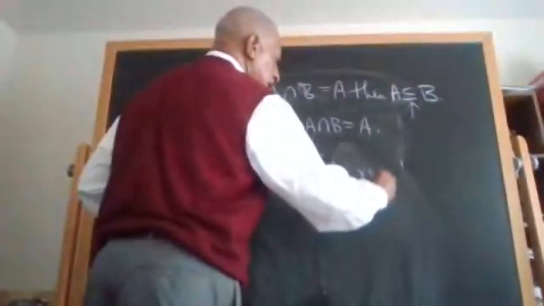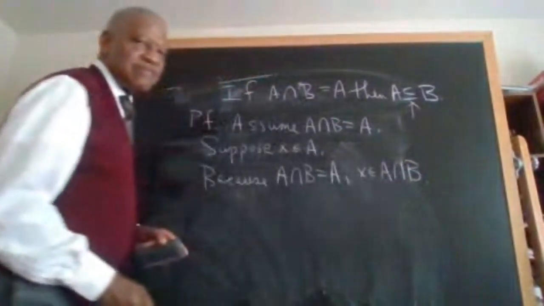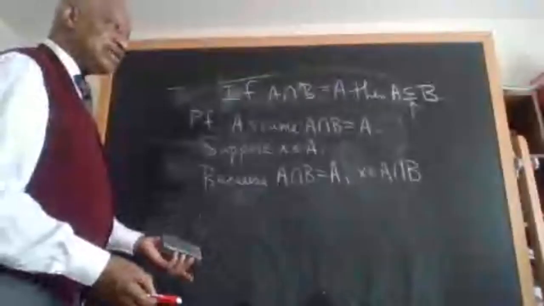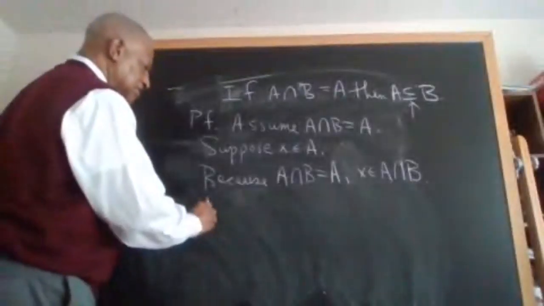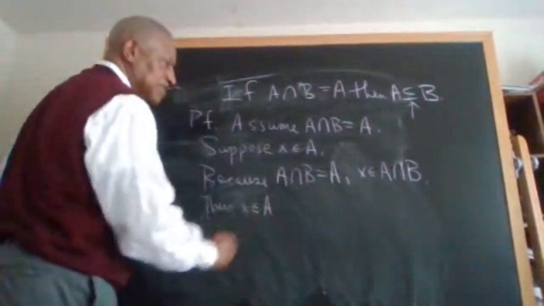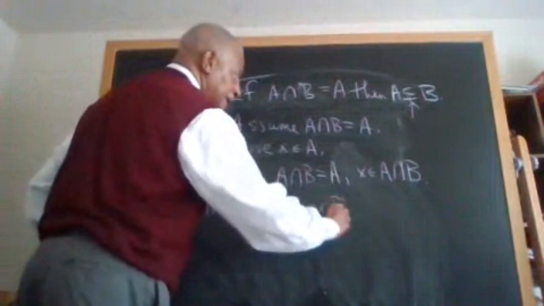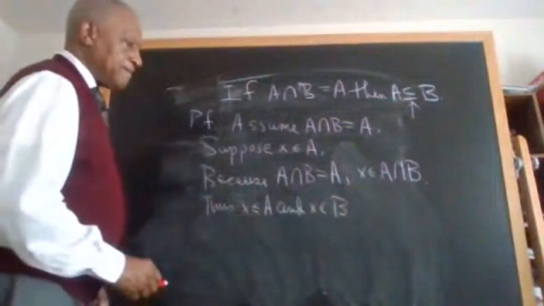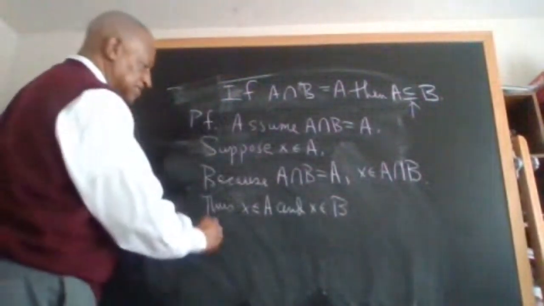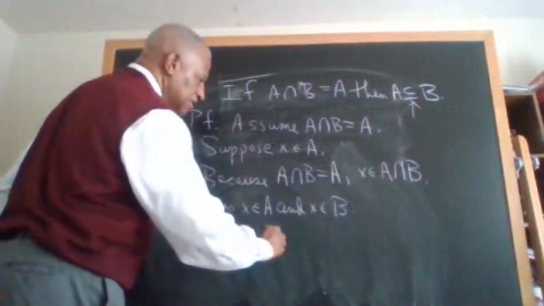X belongs to A intersect B. But if X belongs to A intersect B, what does that mean? That's what? X belongs to A and X belongs to B. Hence, X belongs to B.